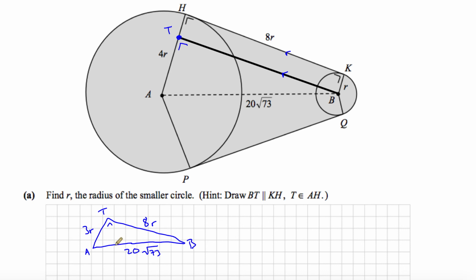So now I have a right angle triangle. I have 3 sides, some of them in terms of r, but I can do Pythagoras now and set up an equation. So (3r) squared plus (8r) squared will be equal to the hypotenuse, (20 root 73) squared.